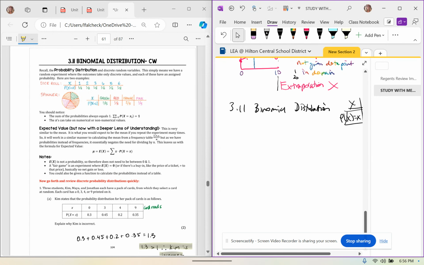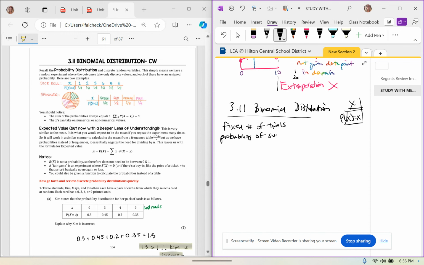A binomial distribution is when you have a fixed number of trials, a probability of success, and an exact number of desired successes.